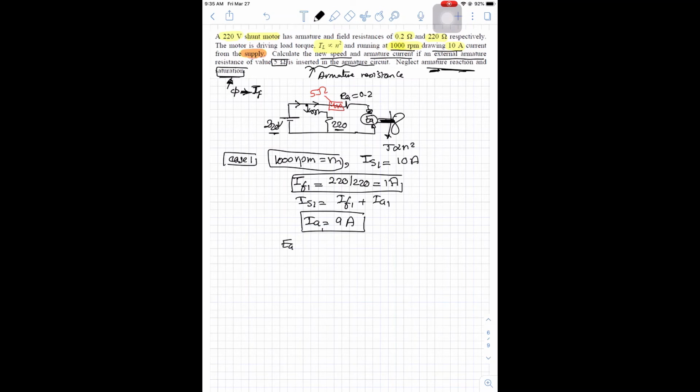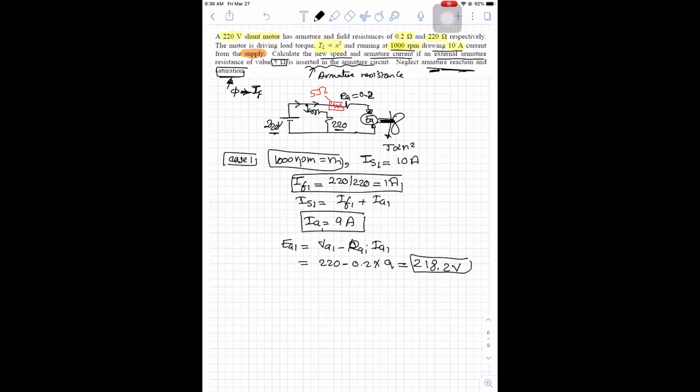So E armature 1 equals V armature 1 minus R armature 1 times I armature 1. So E armature 1 equals 220 minus R armature, which is 0.2, multiplied by 9. This equals 220 minus 9 multiplied by 0.2, which equals 218.2 volt.